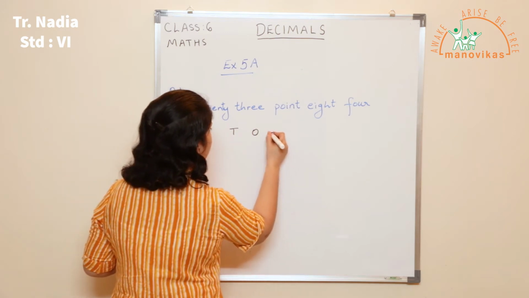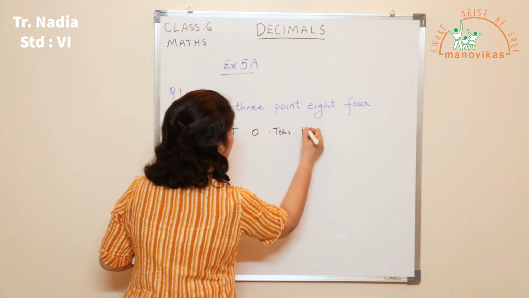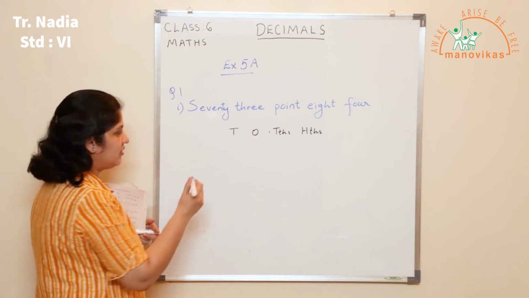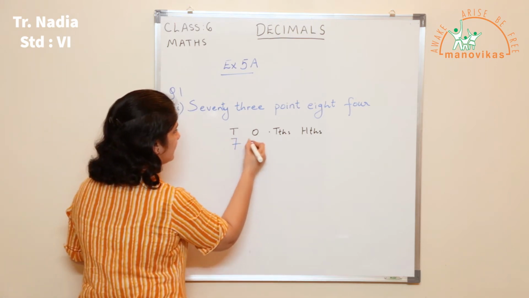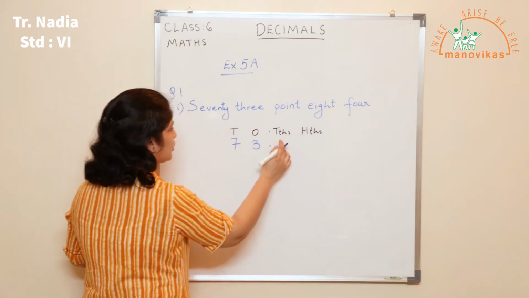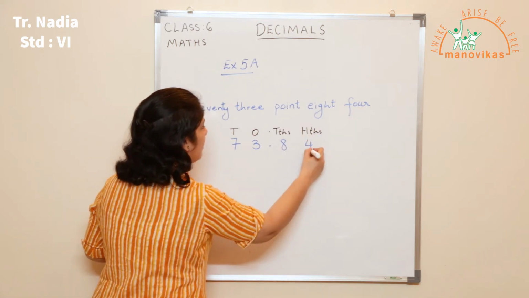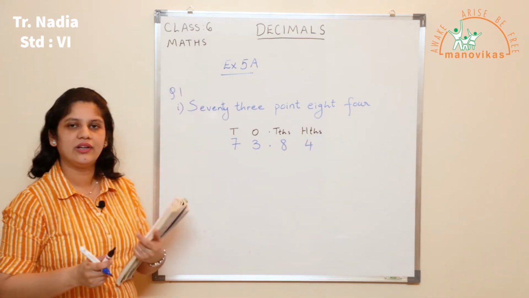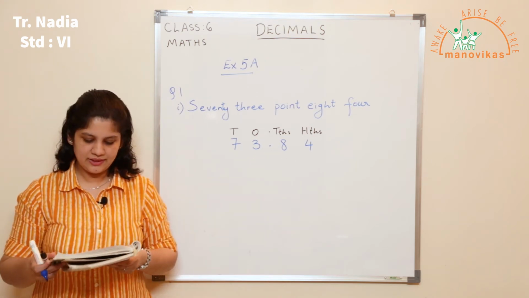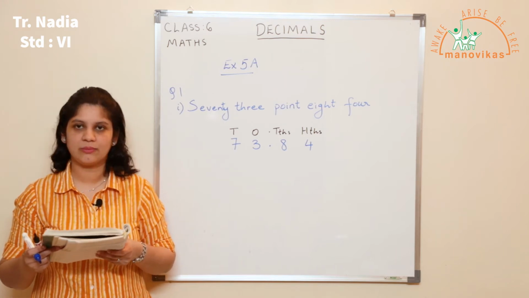Decimal point will be there after this. 8 and 4, so there are tenths and there are hundredths. How will you write the number now? 73, so 7 tens, 3 ones, 0.84. So in the tenths place I have 8, 4 will come in the hundredths place. So this is how your number will look. This is 73.84.